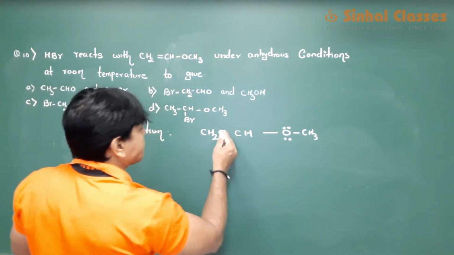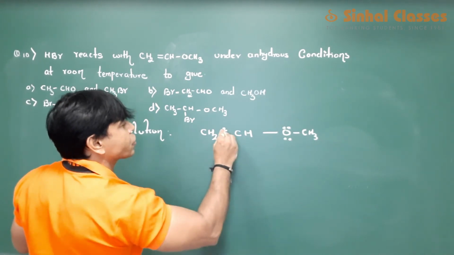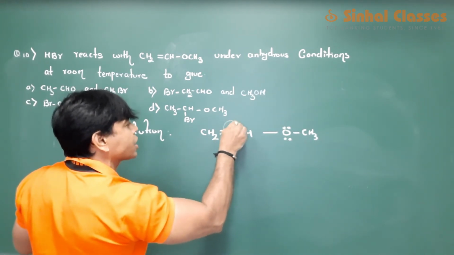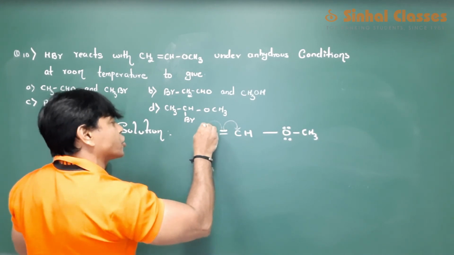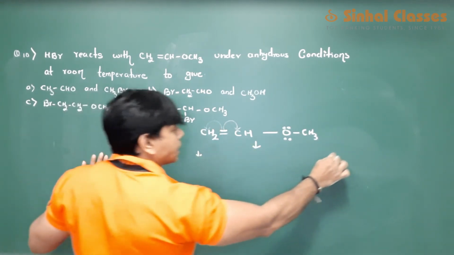Now, this pi bond can break, the electron can shift in this direction or this direction. So there are two possibilities.